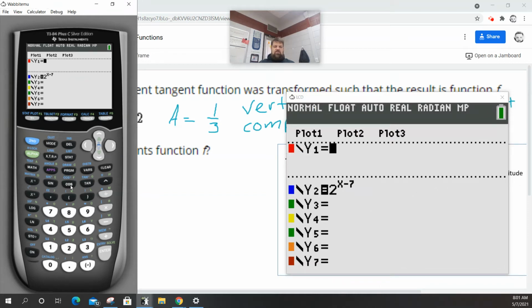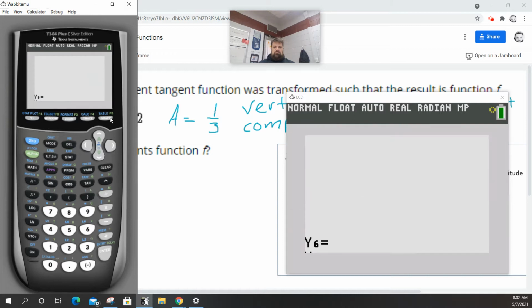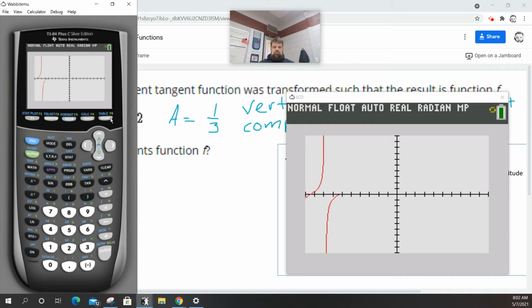So if I just plug in tangent of x, and I clear this out. That's what it looks like.